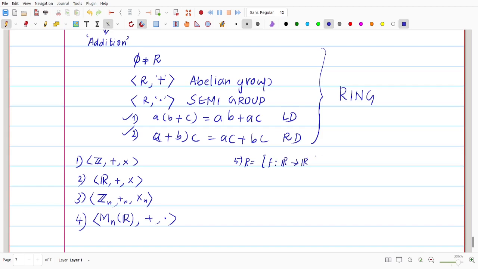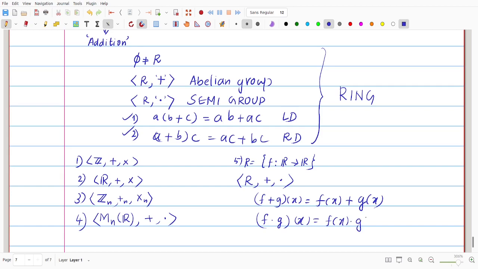In this set we define addition and multiplication such that f plus g is the function defined by (f plus g)(x) equals f(x) plus g(x), and f times g, the second binary operation, is defined by (f times g)(x) equals f(x) times g(x). As f(x) and g(x) are real numbers, the usual multiplication is there. Using this usual multiplication, we define multiplication of two functions. So this will give a ring structure.